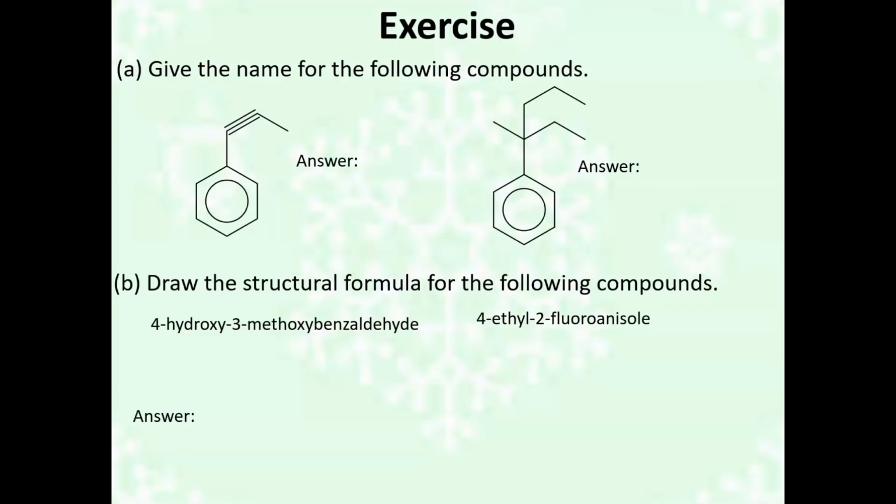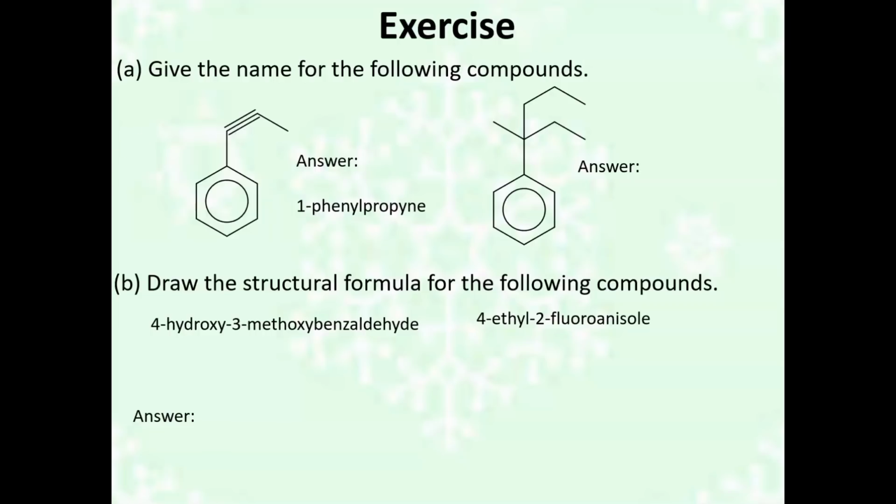The numbering for the phenyl is 1 because position 1 should be put at the carbon which contains the triple bond. So the answer is 1-phenylpropyne.